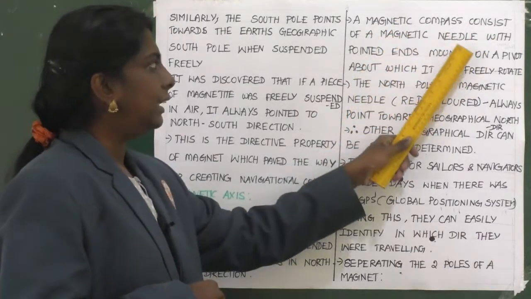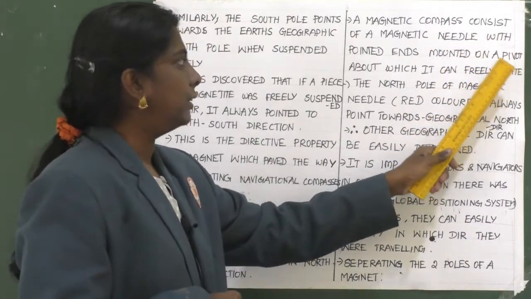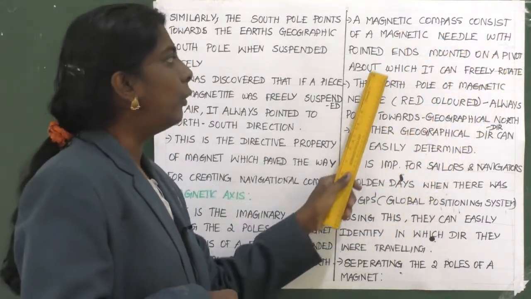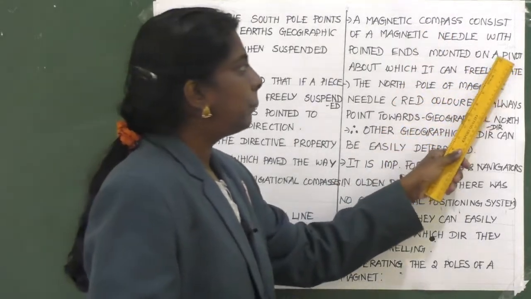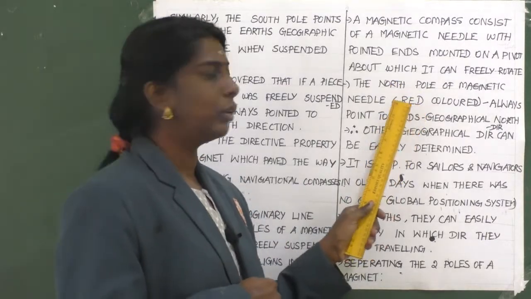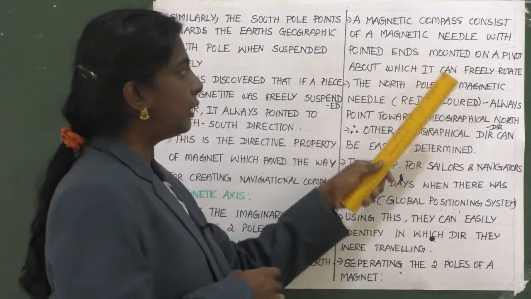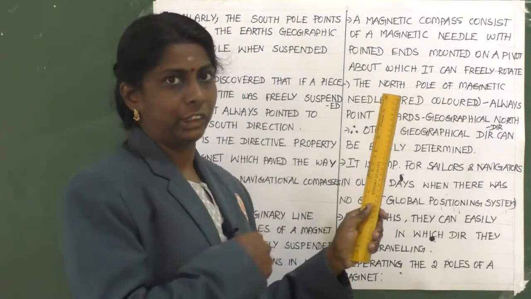It consists of a magnetic needle with the pointed ends mounted on a pivot above which it can freely rotate. The meaning of the word pivot is to turn or to rotate. So, when it is rotating easily, with that we can find the direction.